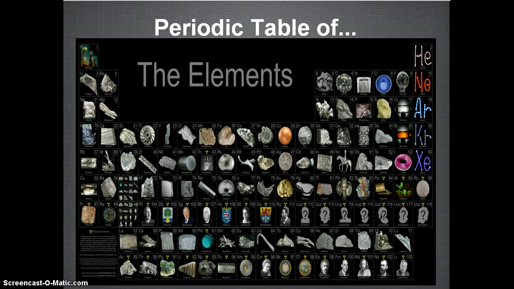We see these elements and we experience these elements every day. We're breathing in one of these elements now, and we're breathing out a different one. You're looking at elements when you're looking at the screen. Everything, all matter is made of the elements.